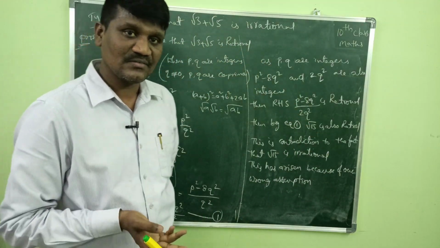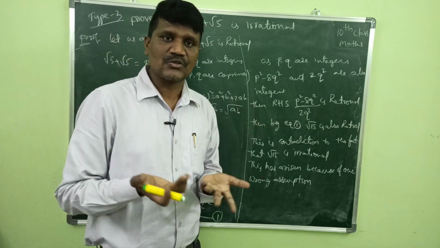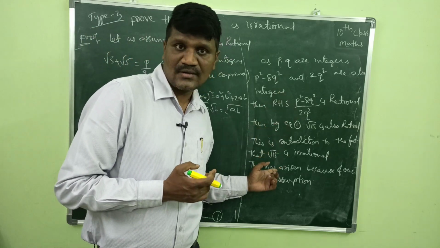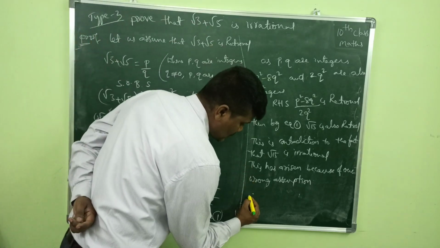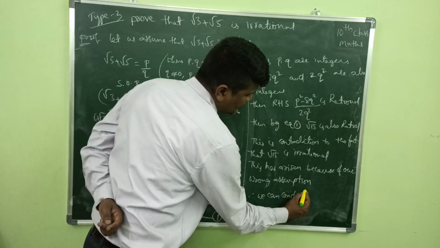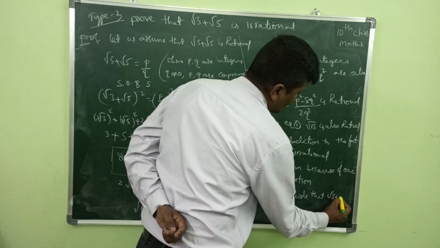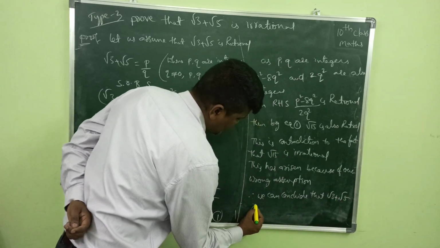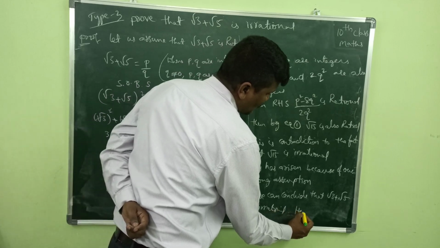What is our wrong assumption? The wrong assumption is that the given number is rational. We assumed, we got a contradiction, so I can conclude that the given number is irrational. So therefore we can conclude that root 3 plus root 5 is irrational, hence proved.